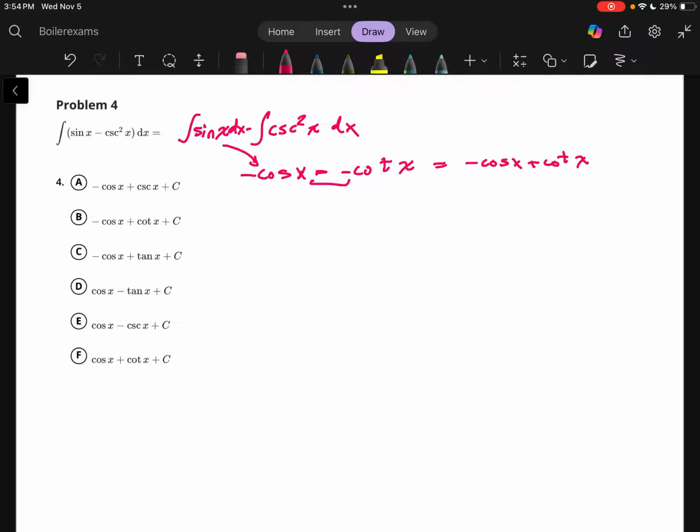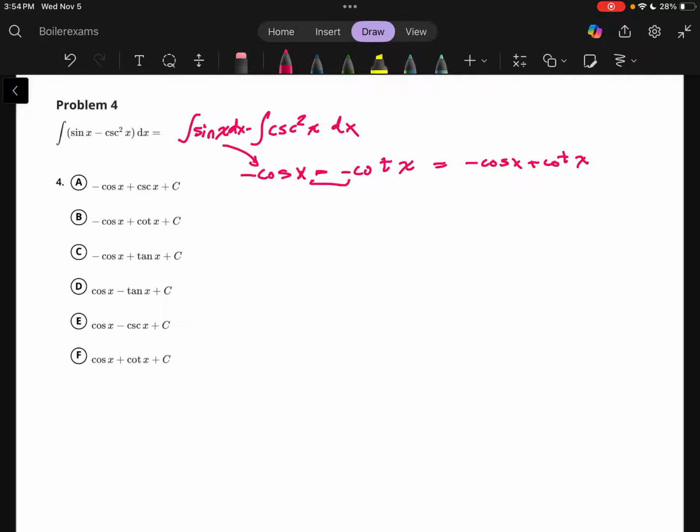So really the big trick, it's not really a trick, but anytime you have these basic antiderivatives, you have to memorize them. But something I find helpful is I memorize the derivative rules and I work backwards.